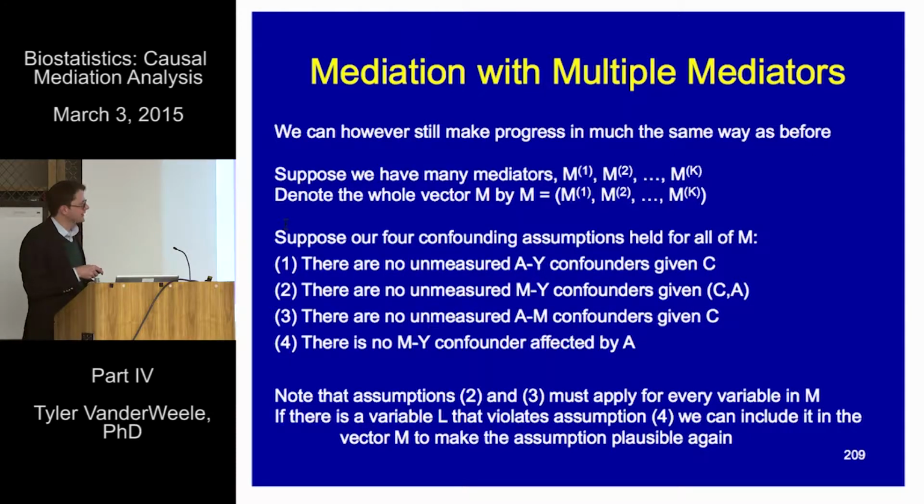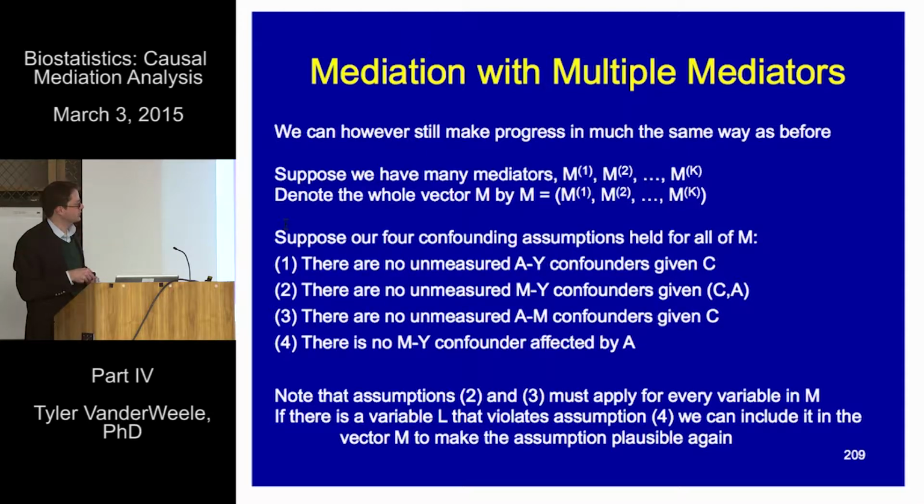No unmeasured mediator outcome confounding, given our measured covariates. That now has to hold with respect to all of the mediators together. So that's going to be a bit of a stronger assumption because we're making that for every mediator.